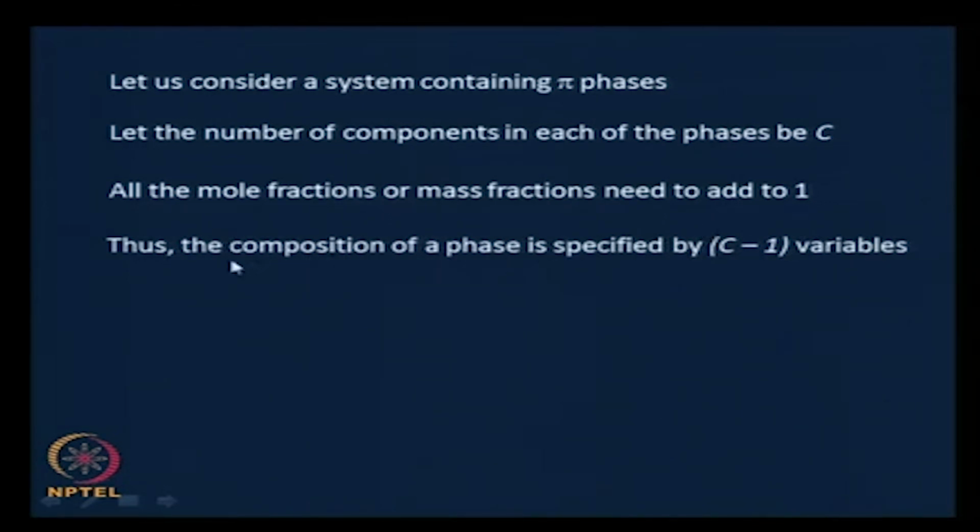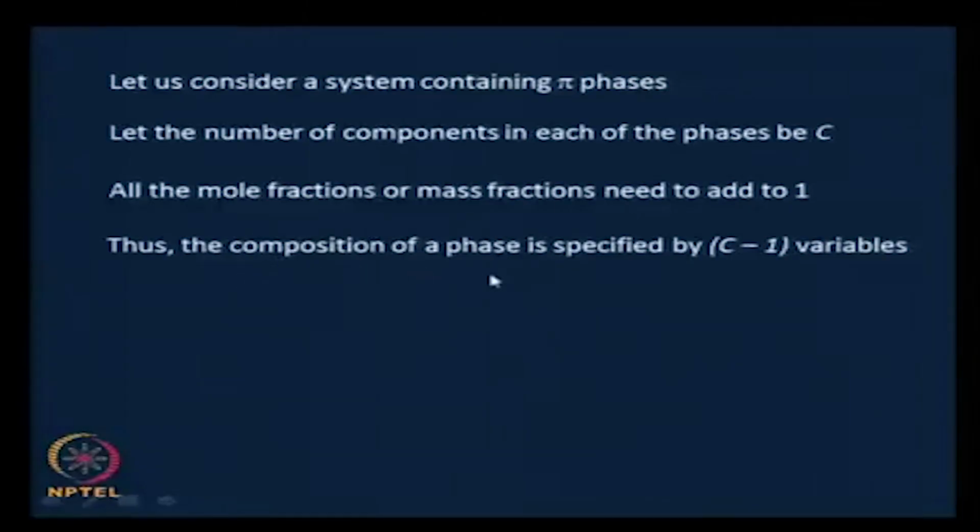Therefore, the composition of the phase is specified by C minus 1 variables. Suppose there are 5 components, we need to know the concentrations of 4 components, and the last component we can always get by adding the mole fractions of these 5 and equating it to 1. Therefore, if we have 4, we can always find the 5th one. So the composition of a phase is specified by C minus 1 variables.